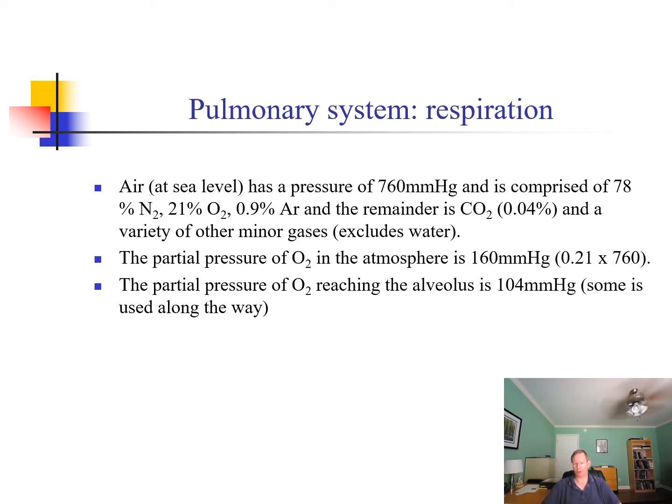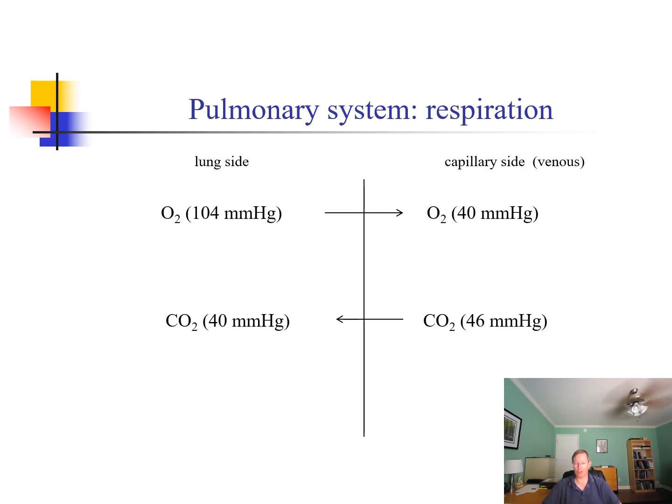So the partial pressure of oxygen at sea level is 160 millimeters of mercury, and if I look at the oxygen reaching my alveoli, it's about 105 millimeters of mercury. Some is lost along the way; it's being used. So on the lung side, I've got a higher concentration of oxygen than I have on the capillary side, so it should be spontaneous for the oxygen to go from the lung into the hemoglobin.